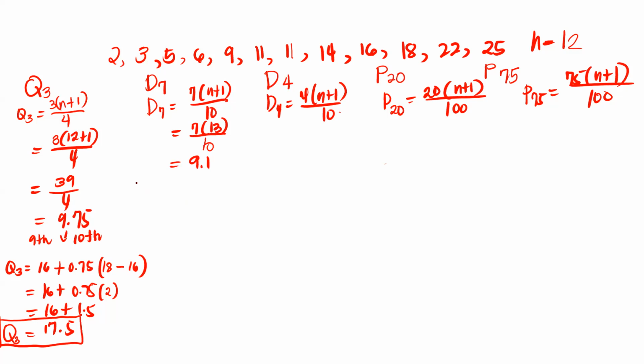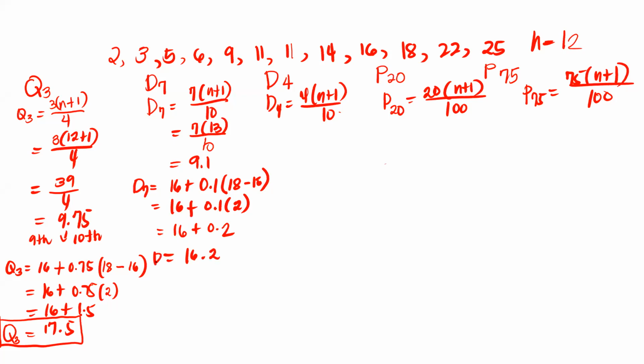So that is D sub 7 is equal to the 9th data, which is 16, plus 0.1 times 18 minus 16. So that is 16 plus 0.1 times 2. 0.1 times 2 is 0.2. Correct. So we have 16.2 as our D sub 7.